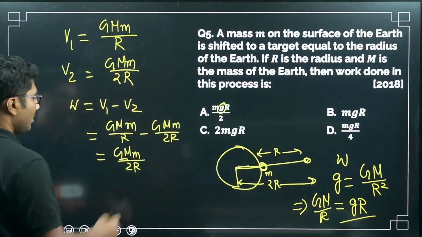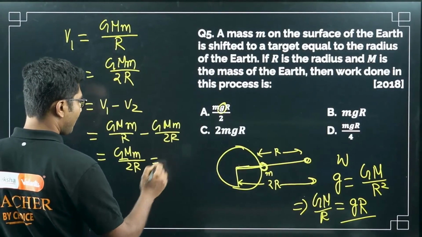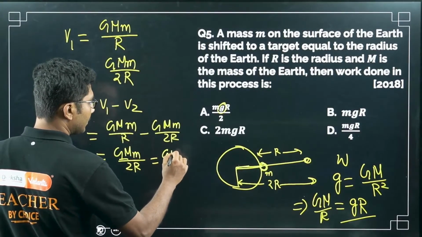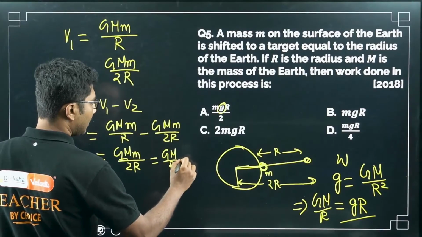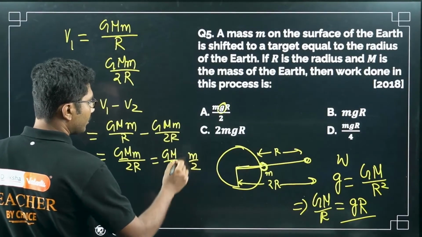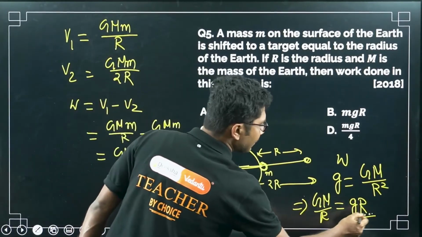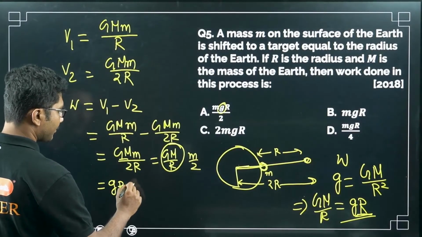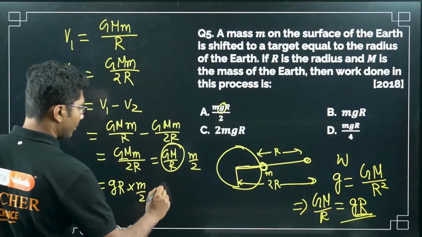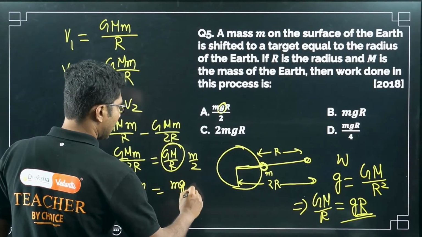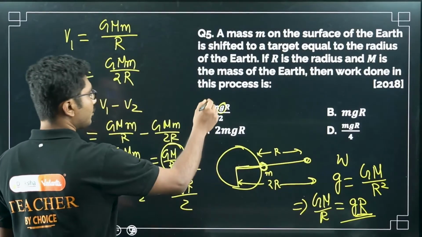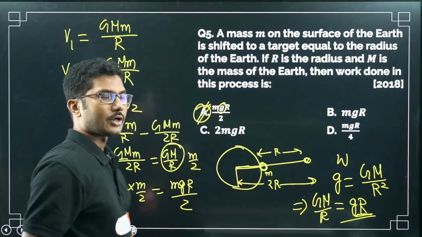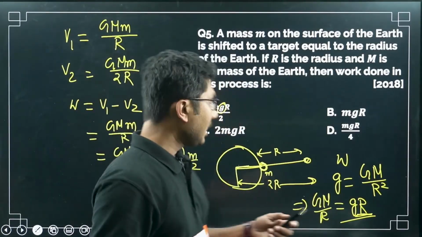So we can replace GM by r times m by 2 using gr. So gr times m by 2, or mgr by 2. So the correct answer is option A.